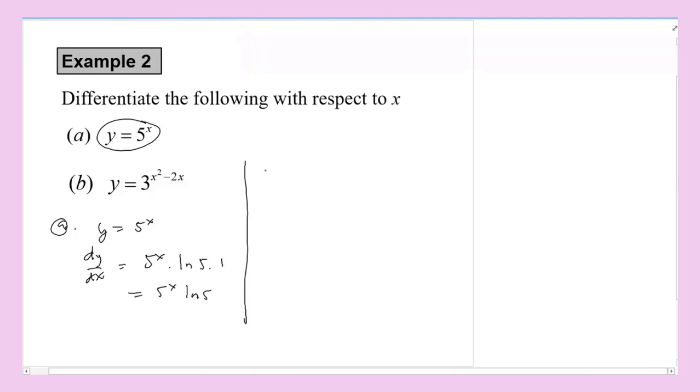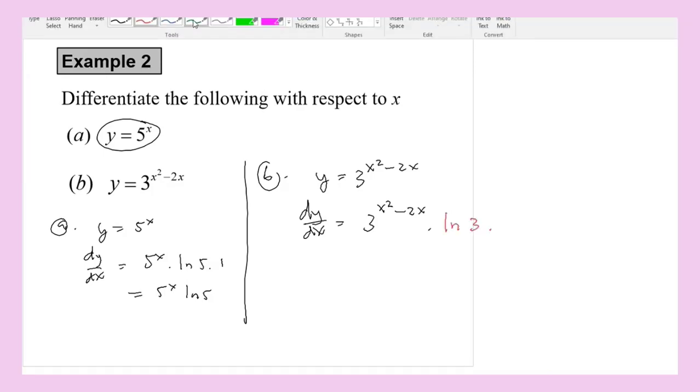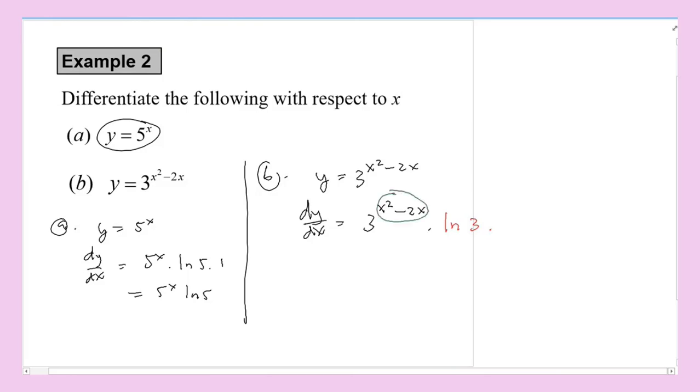Settle. For B, y is equal to 3 power x squared minus 2x. dy/dx, jangan tulis is equal to, mesti dy/dx. Cari dy/dx, differentiate y respect to x, right? Okay, and then ini copy and ln base. Okay, and the next step is differentiate atas ni. Okay, so 2x minus 2.